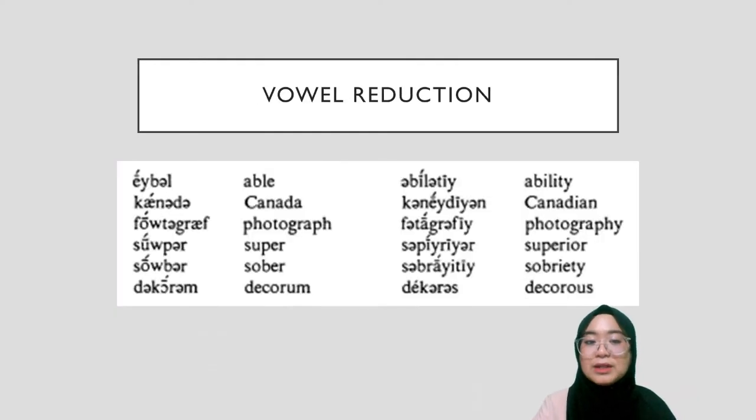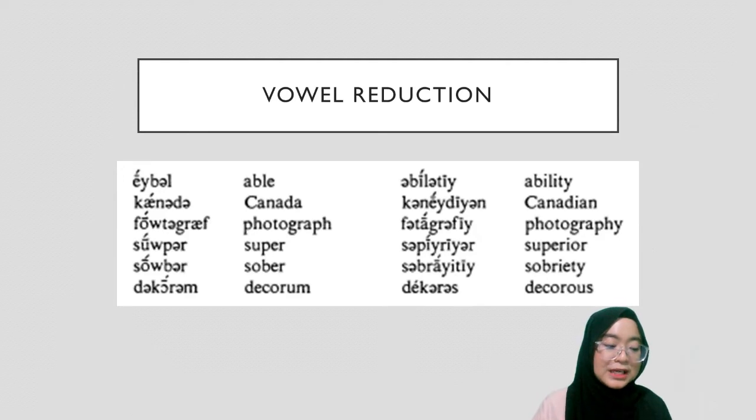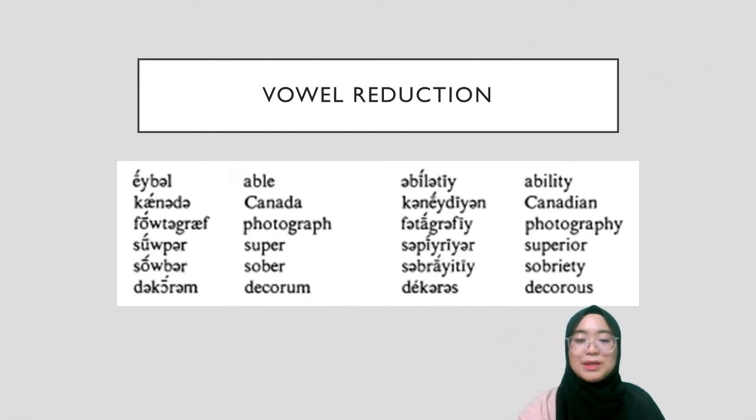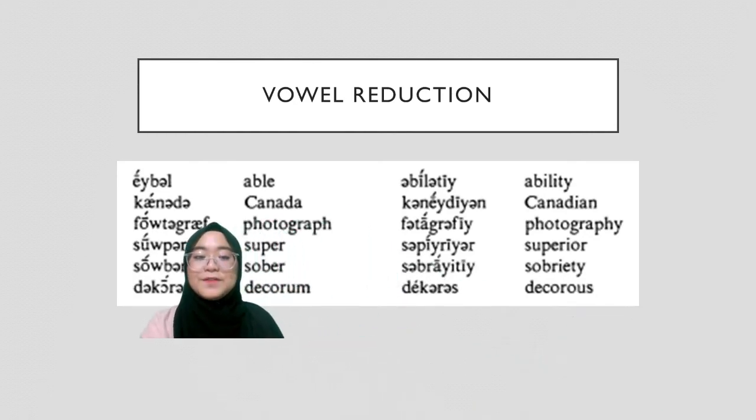Next is vowel reduction. As you can see, it is English words. Able. In this vowel reduction, we reduce the vowel. Vowel reduction involves the weakening of unstressed vowels to schwa. So here, let me check on it. We have schwa here.